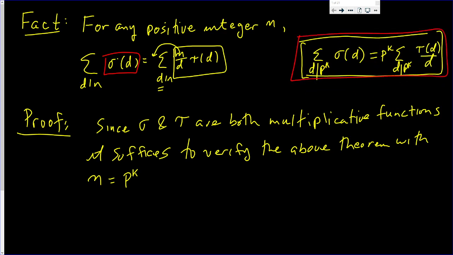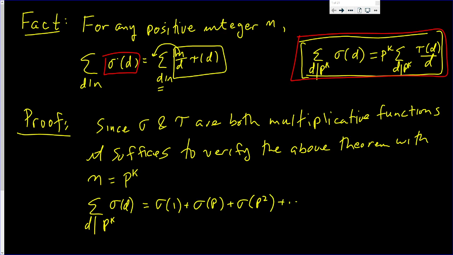The summation of sigma of d over all divisors of p to the k is going to equal sigma of 1 plus sigma of p plus sigma of p squared, all the way up to sigma of p to the k.